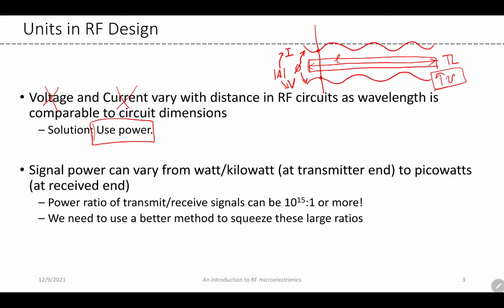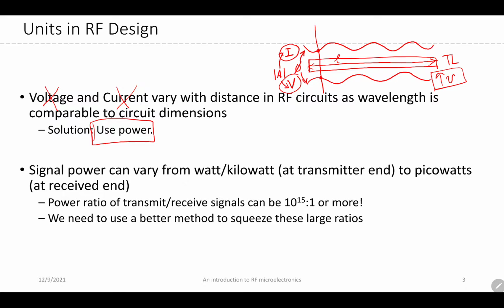Their magnitudes might be different and their phases might also be different. That is because a transmission line may be capacitive or inductive, and that may induce a phase difference between the two. So these two quantities, the currents and voltages, are varying and cannot really be used, because they can be a cause of ambiguity. You can be ambiguous whether you're talking about a voltage at a certain point or at a different point.